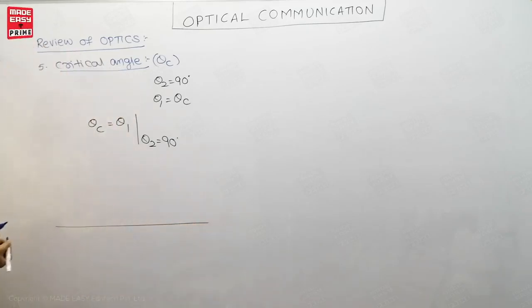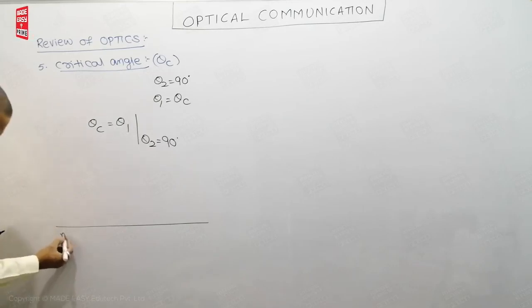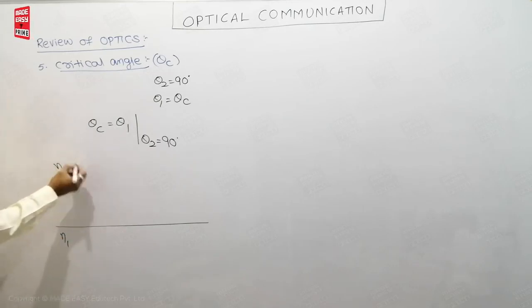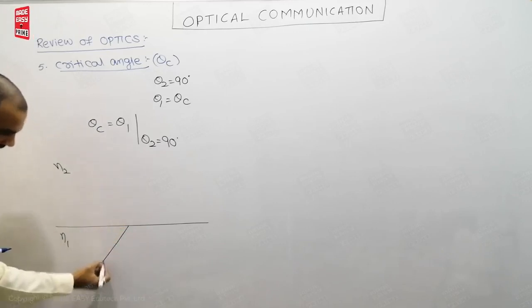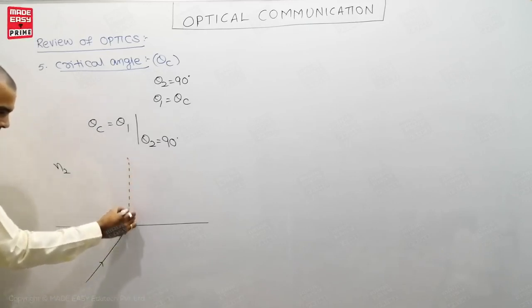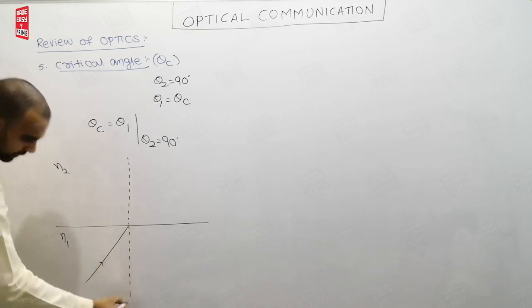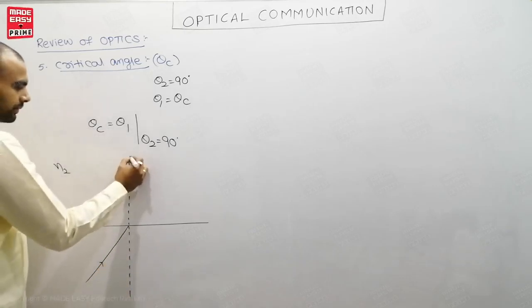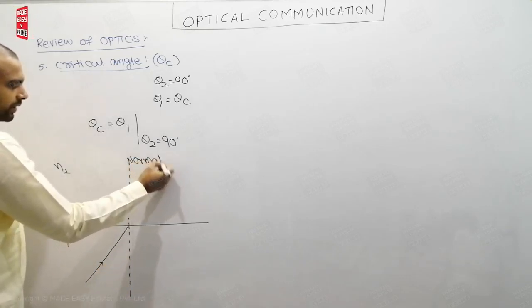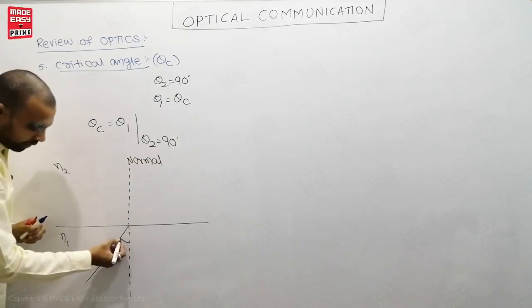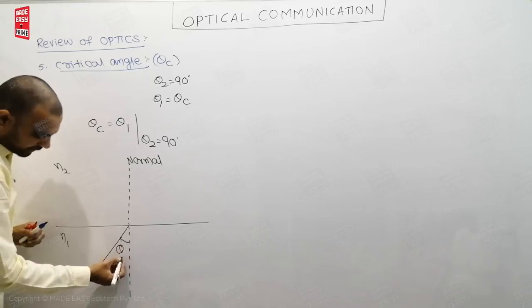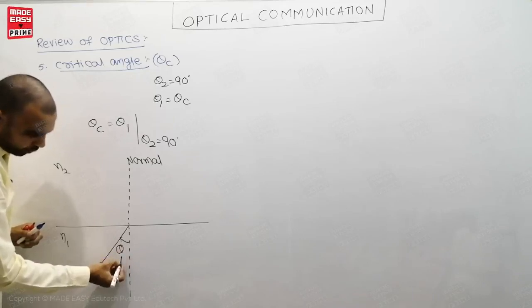Medium 1 has a refractive index n1 and medium 2 has a refractive index n2. Light is incident, and a line drawn perpendicular to the interface is called the normal. The angle of incidence is theta 1.